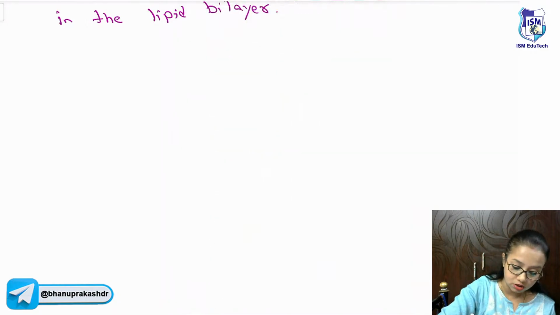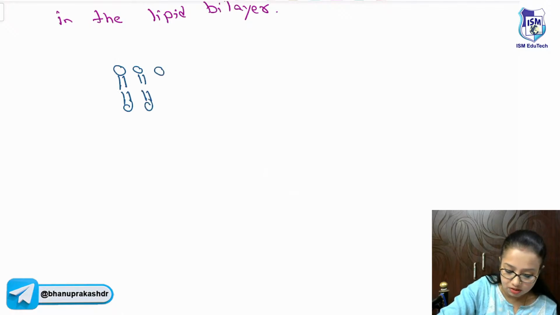So if we draw the cell membrane, it will be like this. We'll just draw a cell membrane for our understanding. So this is our lipid bilayer. I'm just making a linear diagram of the cell membrane.